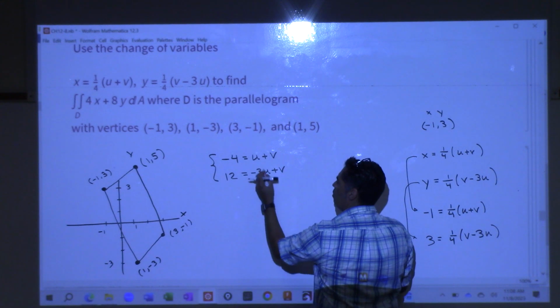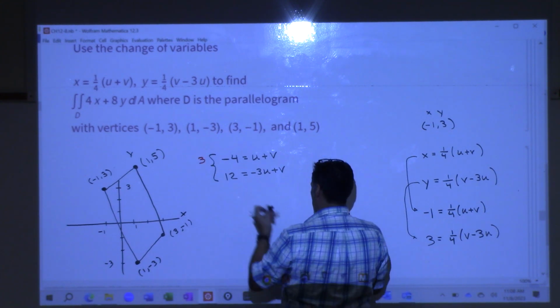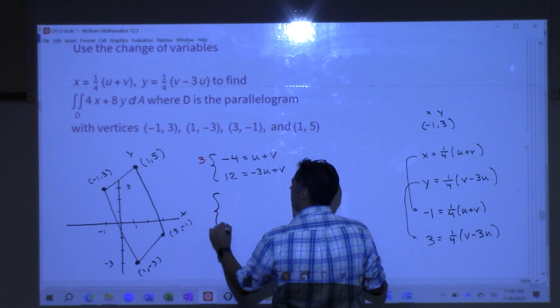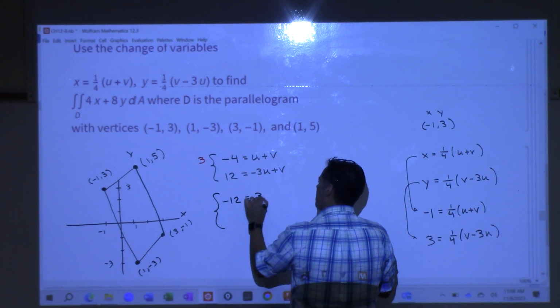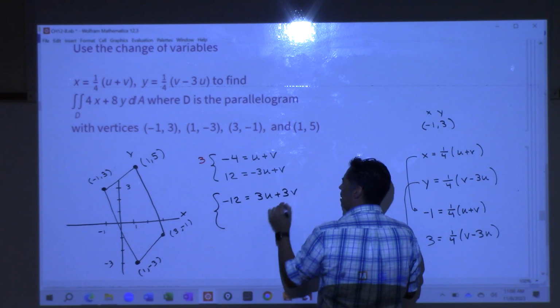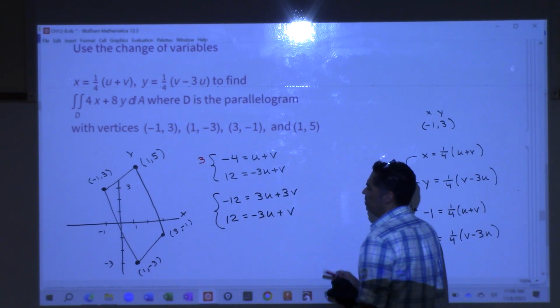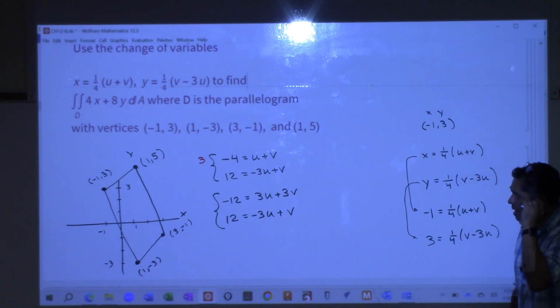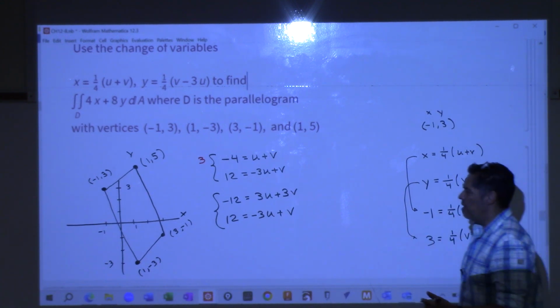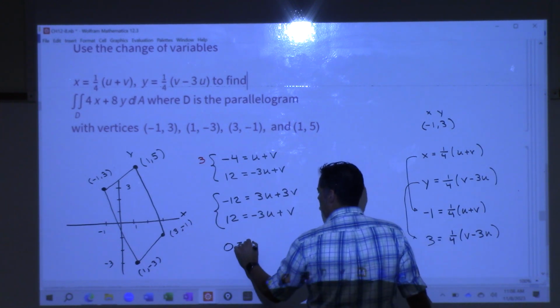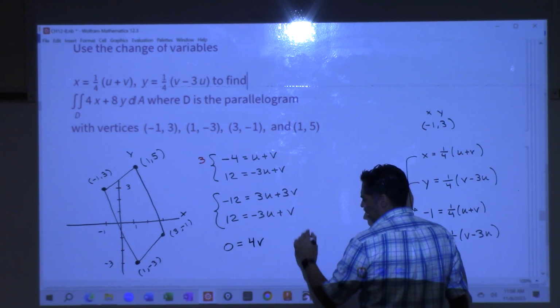I'm going to make the u's go away, so I'm going to multiply this top equation by 3. And that will create a new system: -12 equals 3u plus 3v, and 12 equals -3u plus v. So that's just scaling the first row by 3, and then add straight down, and you get 0 equals 4v, but that means v is 0.